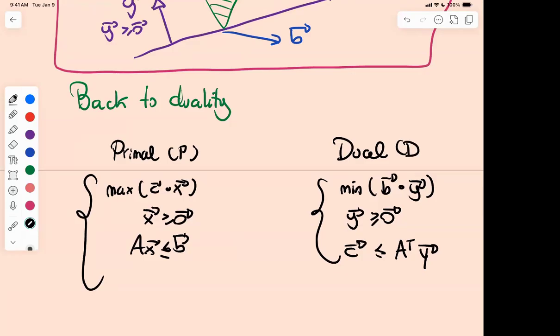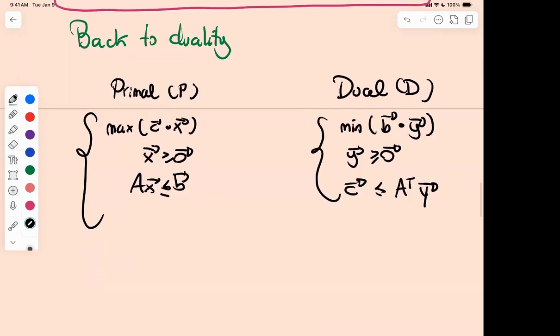The dual is D. So what we had mentioned before with weak duality is that any value for the dual function is above the values that you get from the primal function. The dual is at least as high as the values of the primal.